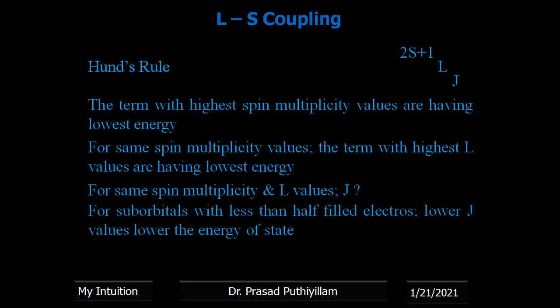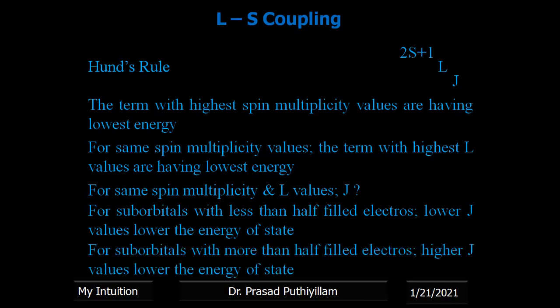For a suborbital with less than half-filled electrons, the lower the J value, the lower the energy of the state. For a suborbital with more than half-filled electrons, the higher the J value, the lower the energy of the state. So these two conditions also we need to remember to further arrange the spectroscopic terms in increasing energy levels.